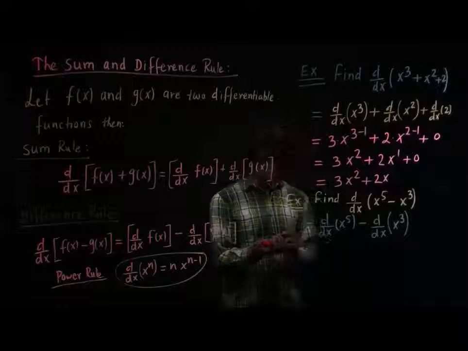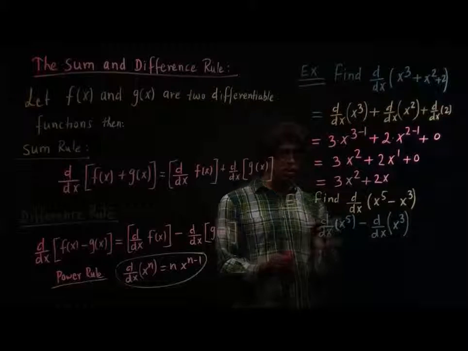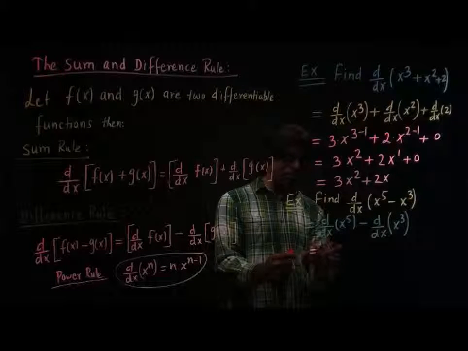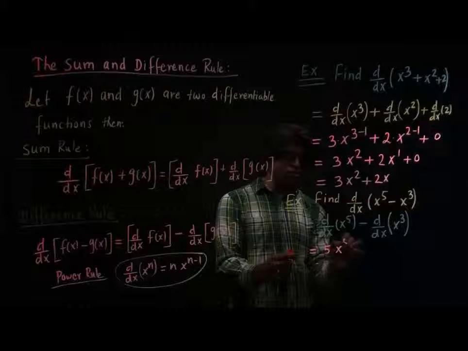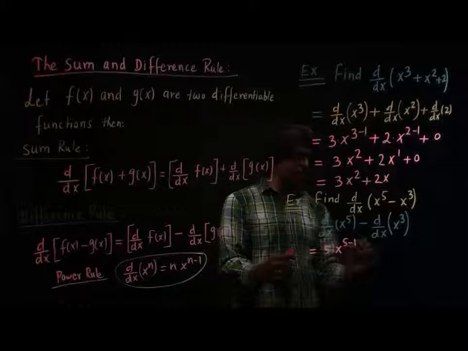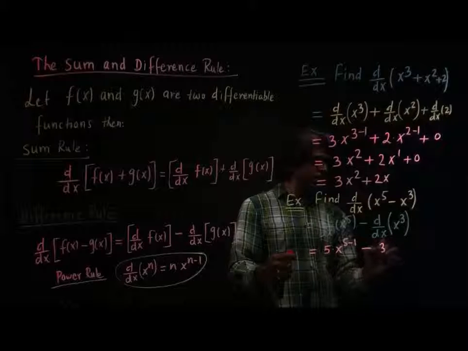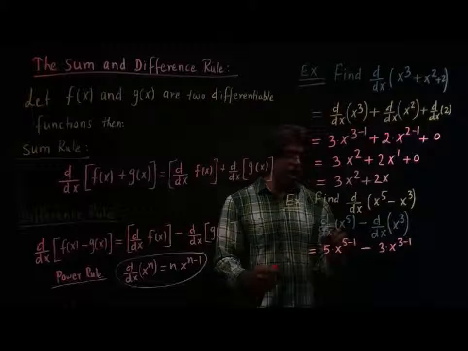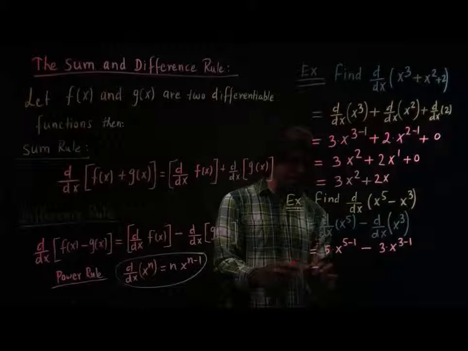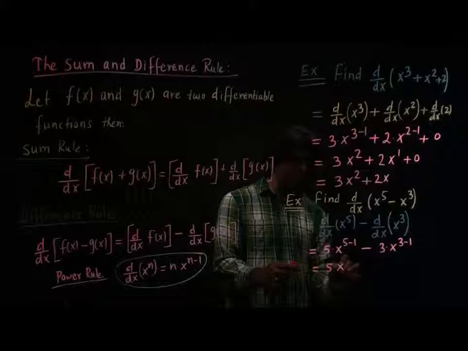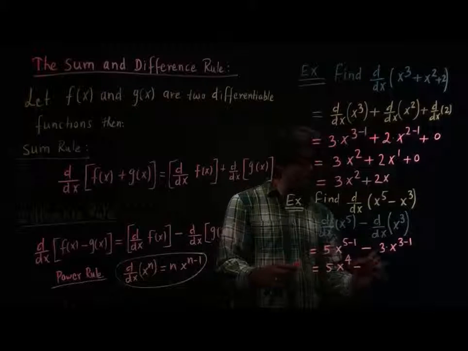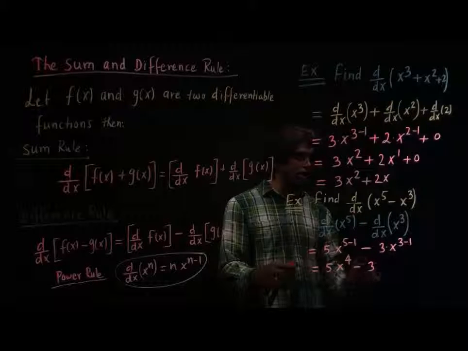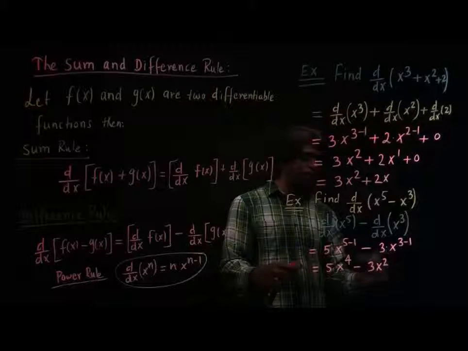Now I'm going to use the power rule. The differentiation of the first term is 5x to the power 5 minus 1, minus 3x to the power 3 minus 1. So 5 minus 1 is 4, so this is equal to 5x to the power 4 minus 3x to the power 3 minus 1, which is 2, so 3x squared.